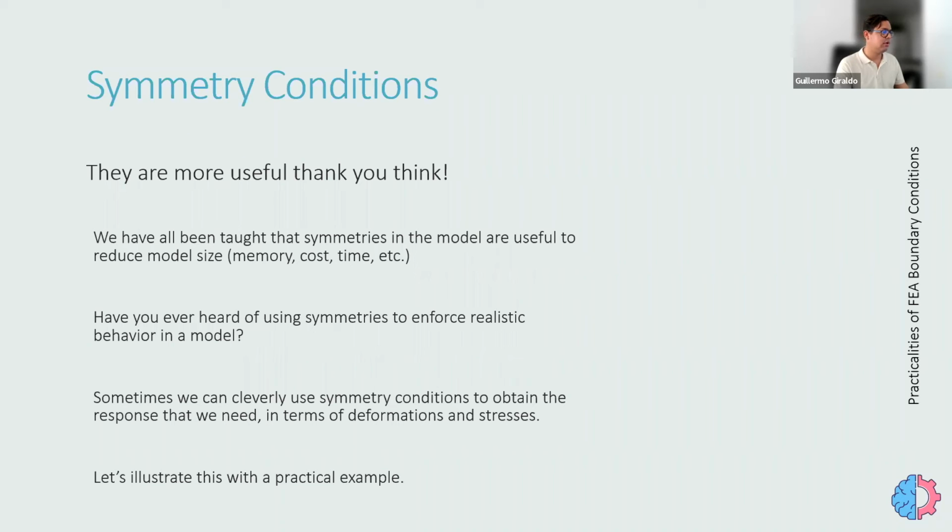You just leverage symmetry to reduce the size of the mesh. You cut your mesh in half, or in a quarter, or an eighth. Then you will consume less memory, and the simulation will be cheaper and faster, etc. And that's a nice thing to have in your model, that it runs faster.